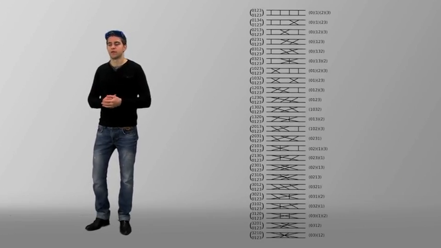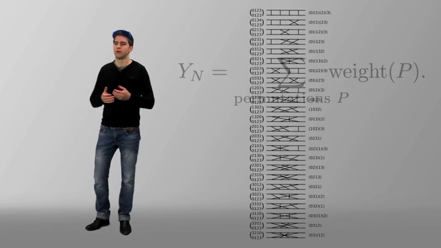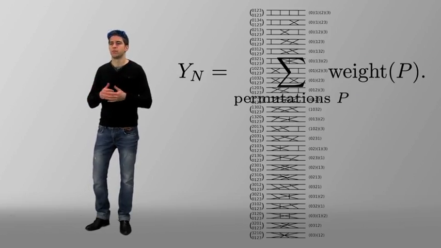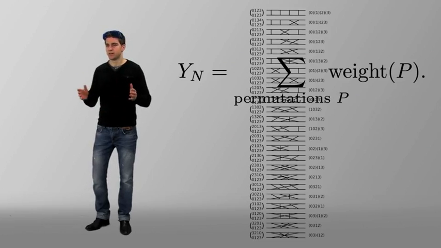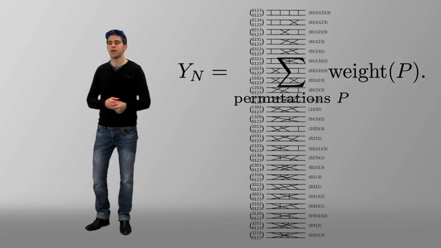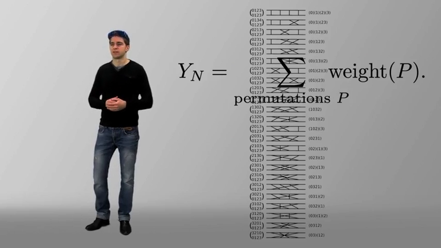We want to compute their partition function, let's call it Y_n, and it is the sum over all permutations where we give a weight to each permutation. If this weight is 1, then we are already done, because then Y_n simply equals n factorial, that is the number of possible permutations of n particles.